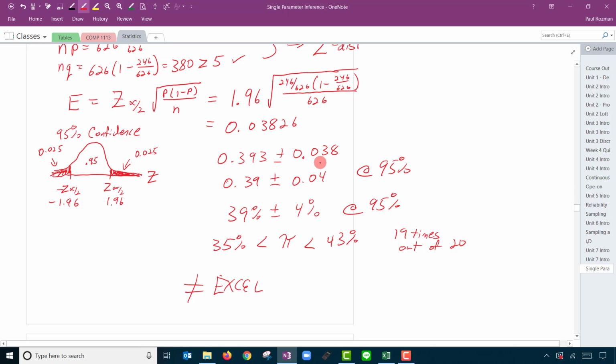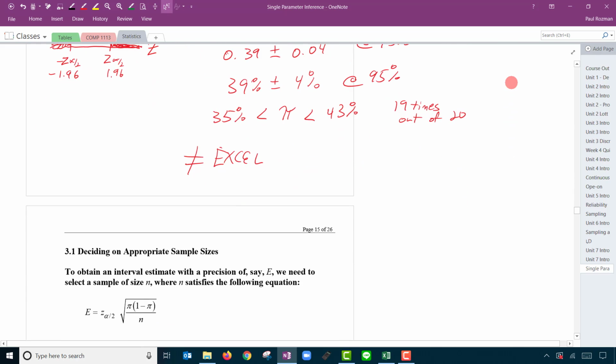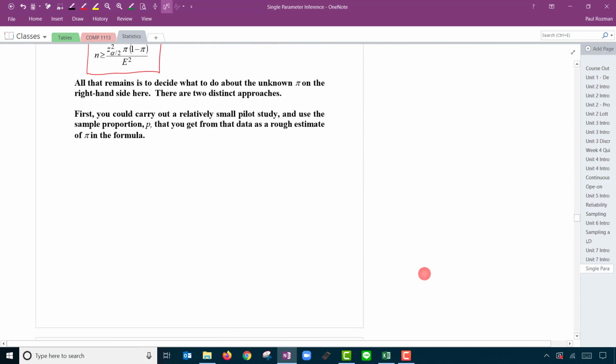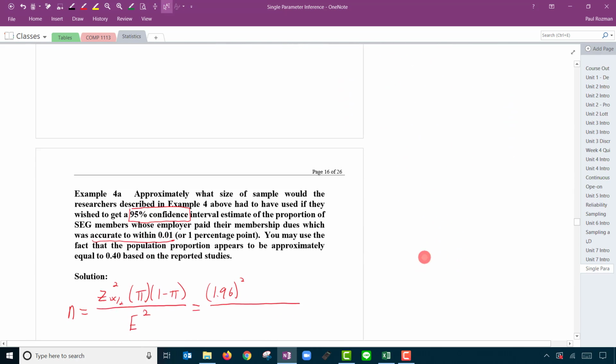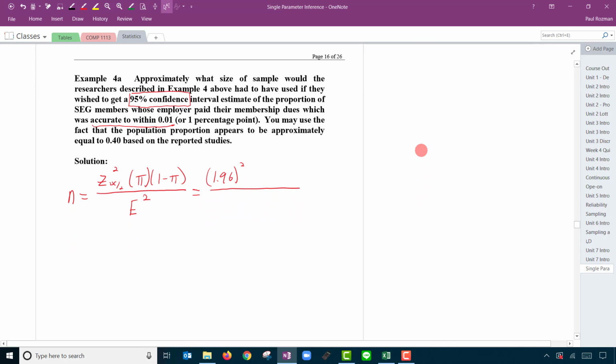So I know that this number is going to be bigger than 626, because 626 only got us down to roughly 4%. So to get down to 1%, what sample size would we need? So my error will be 0.01.